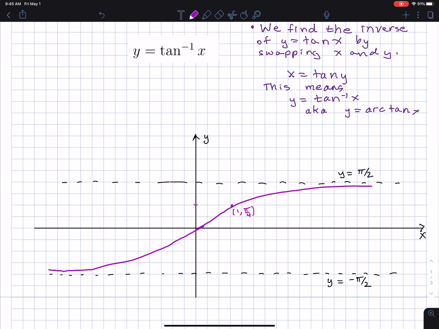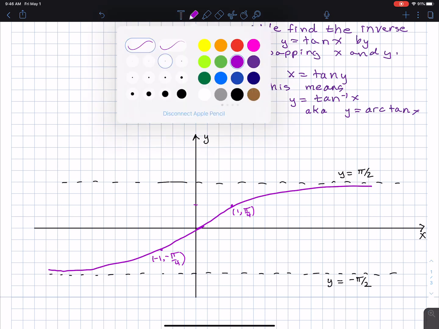And then down over here, negative 1, negative pi over 4. Here the x and y are not to scale. It would have been better if I made this to scale, but it's okay, I think. Okay, so that is the graph of y equals tan inverse x.